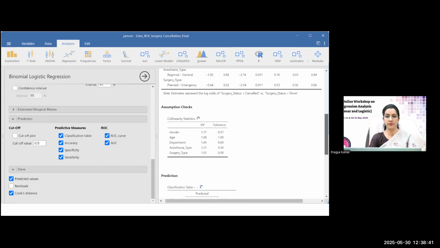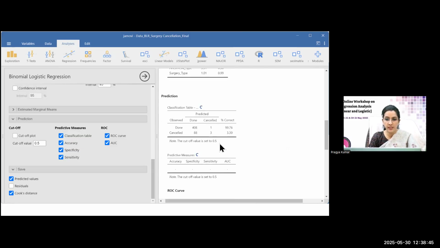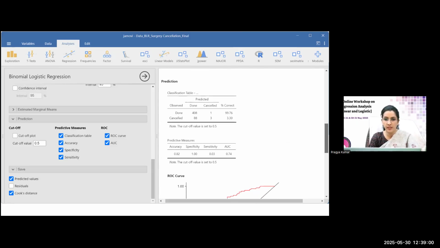Wait for some time. Then you can see here, if you see the predicted and observed, predicted is 408, so it is 99.76 percent correctly predicting it. And cancelled it is 3.3.